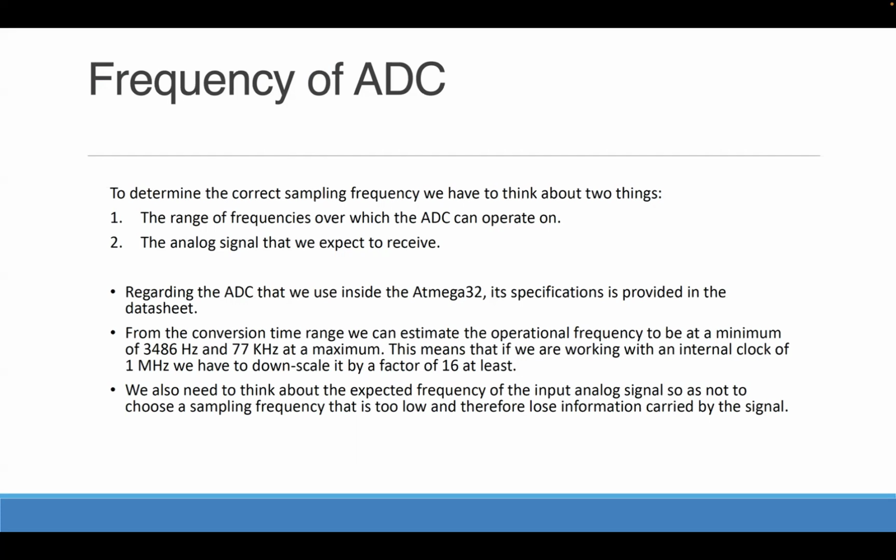But the operating frequency for the ADC is from about 3486 hertz to 77 kilohertz at maximum. So we will need to prescale our frequency so it can fit the frequency required for the ADC sampling process.